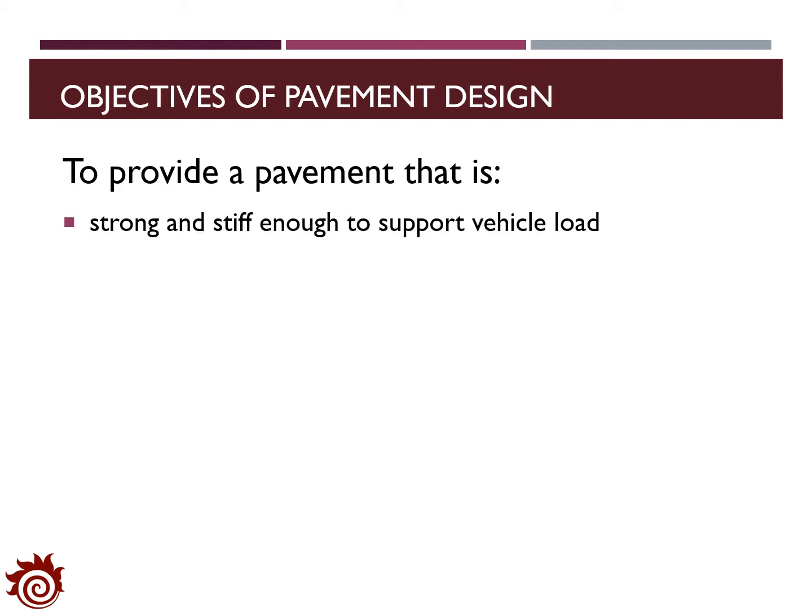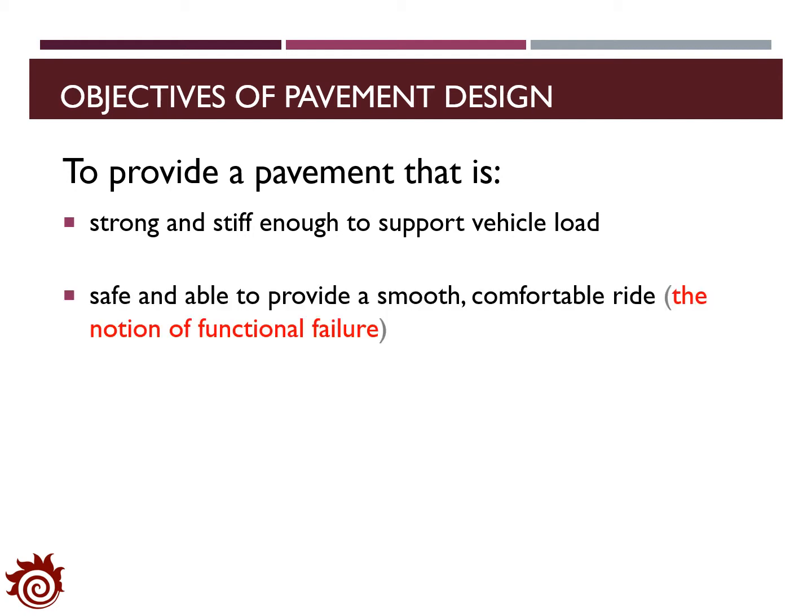So in summary, the objectives of pavement design is to provide a good pavement that is strong and stiff enough to support vehicle load in the designed road. And the road should be safe and it's able to provide a smooth and comfortable ride. If the pavement is not safe or the road cannot provide a smooth surface and makes the ride uncomfortable, then we say that the pavement will experience functional failure.